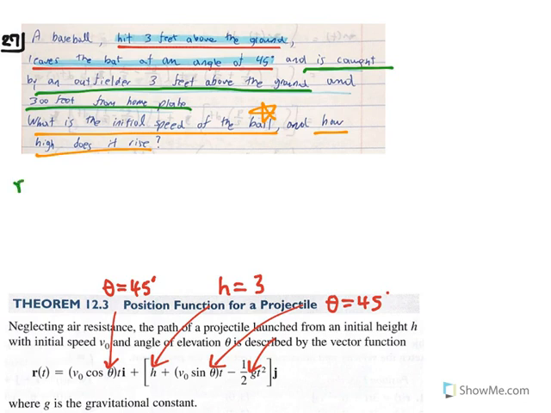Knowing all of that, I can write r of t, but of course I don't know the initial speed, so I'll just have to leave that as v naught, and I need to find that to complete my model.